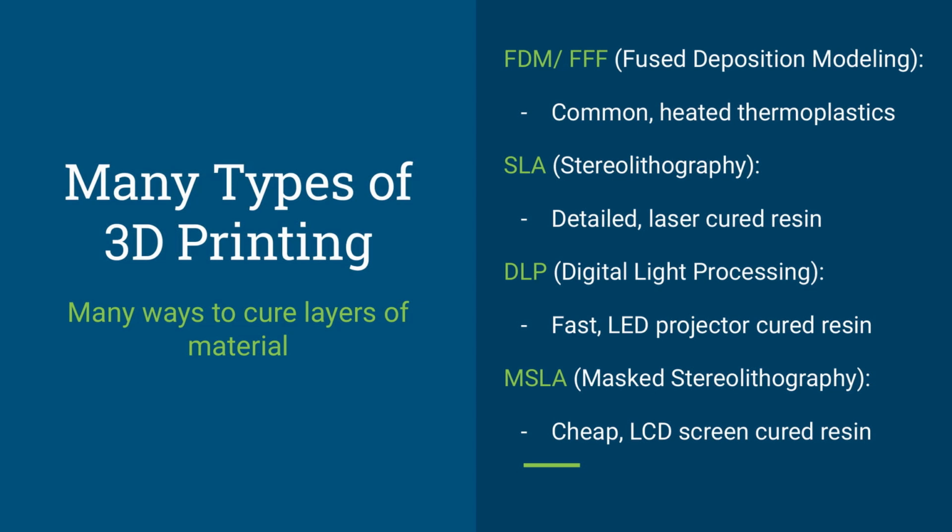Also, there's a version called DLP, Digital Light Processing, which is another resin curing system, but it's very, very fast because it uses an LED projector to project light onto the resin to cure it. Also, there's one called MSLA, masked stereolithography, which is very, very cheap because it uses an LCD screen to cure resin as well. Light shines up through the masked LCD screen to cure the layers of resin.